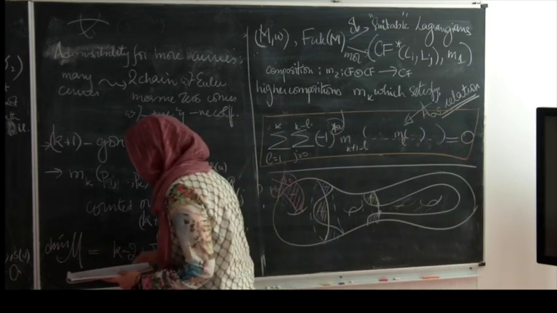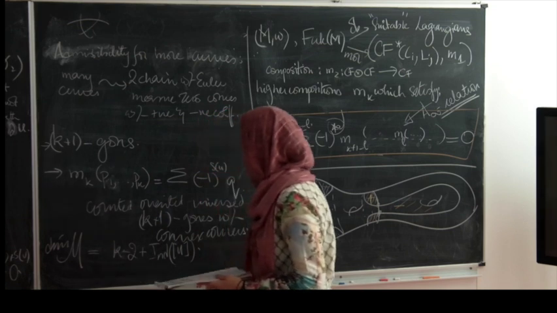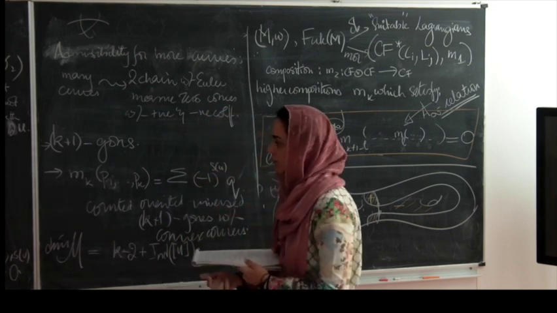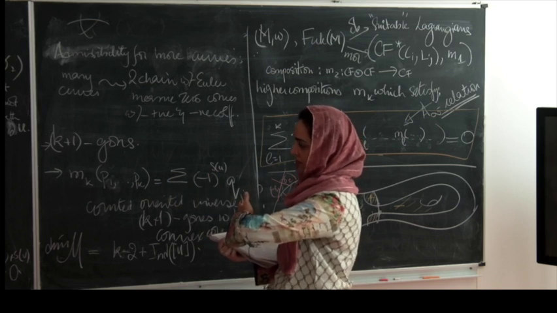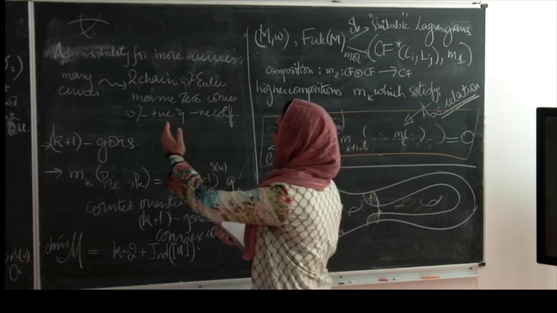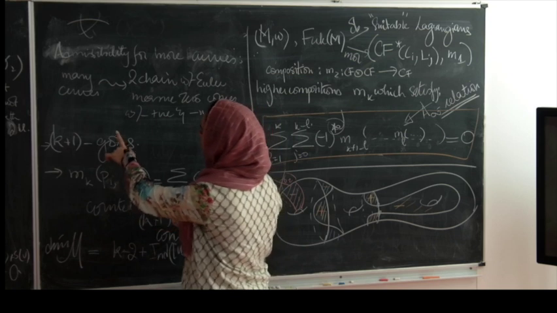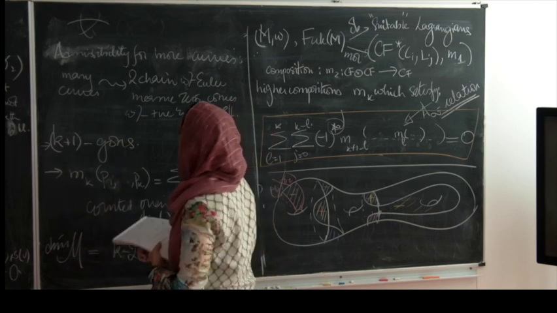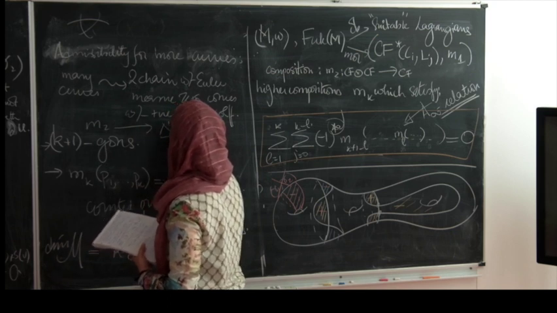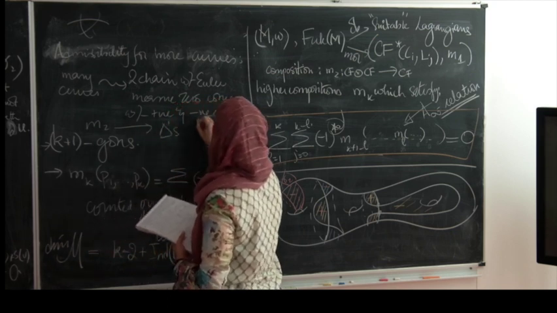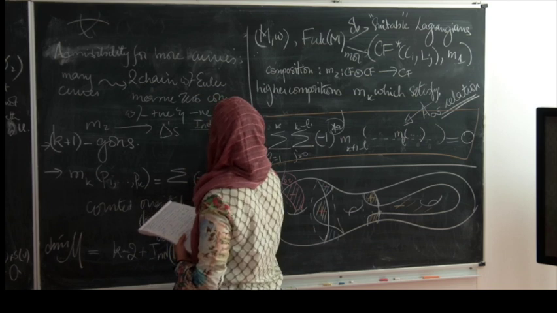And so for the differential, you're counting index 1 disks. For m2, the composition, you're counting triangles. So these should be of index 0.